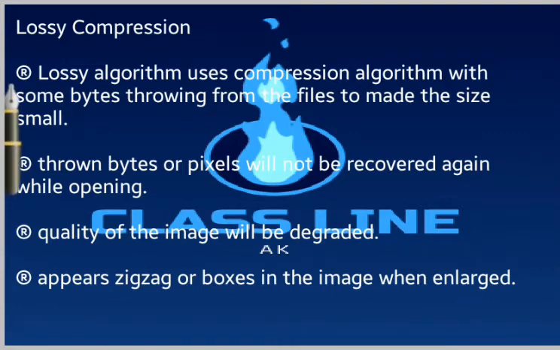So lossy compression throws out some bytes or pixels which won't be recovered again with any method, and its image quality also decreases. And when we enlarge the image, it shows the zigzag or boxes.